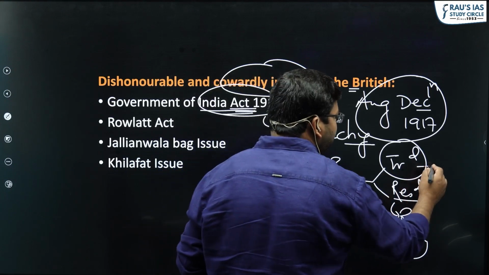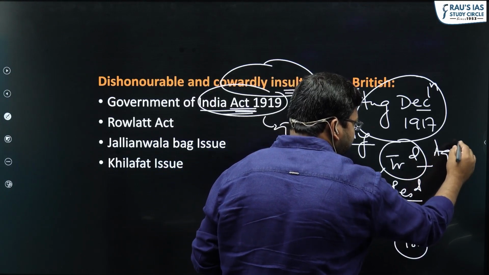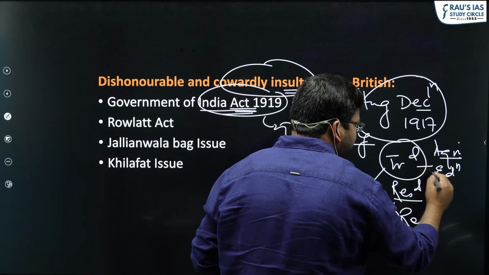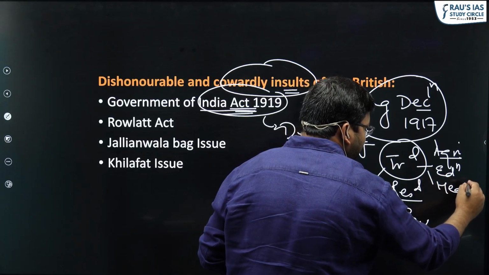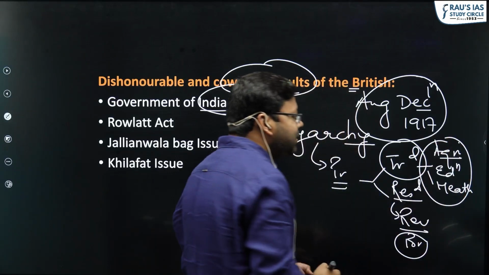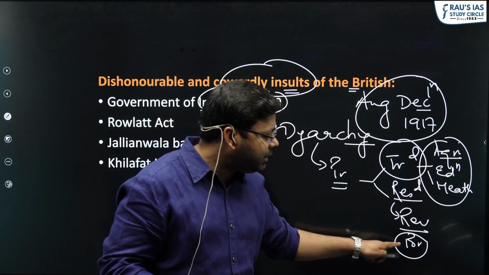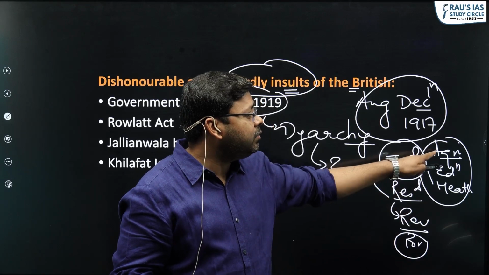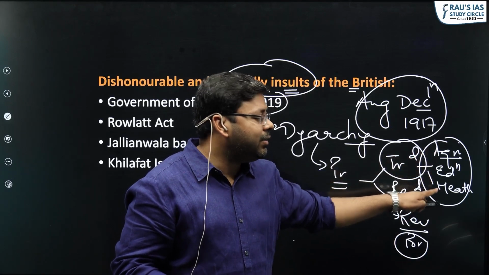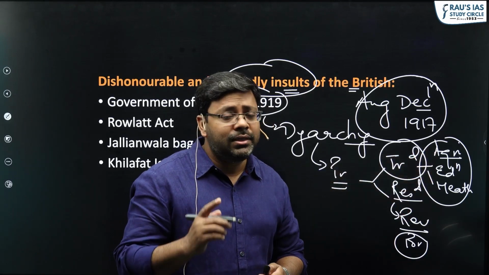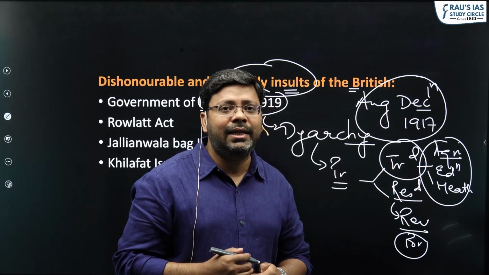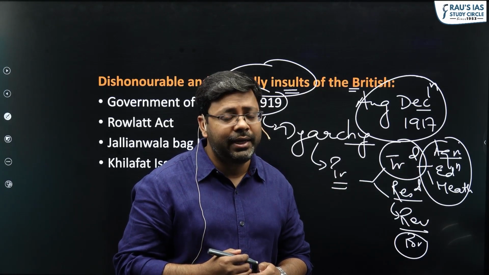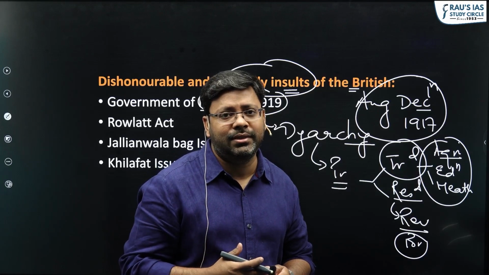They were given to Indians, like agriculture, education, and health. Now, the diarchy system was designed to fail because when the British controlled the revenues, how were the Indians expected to improve fields like agriculture, education, and health? Certainly, the Government of India Act 1919 was a failure. It was just cheating the Indians.